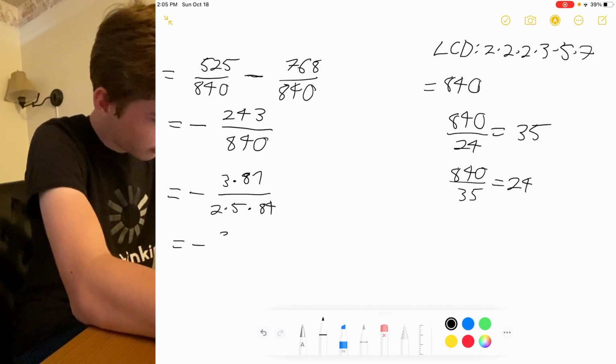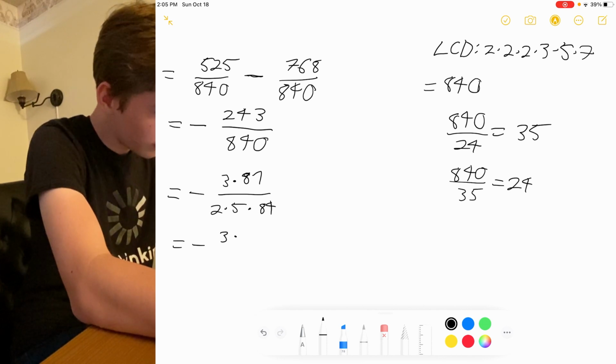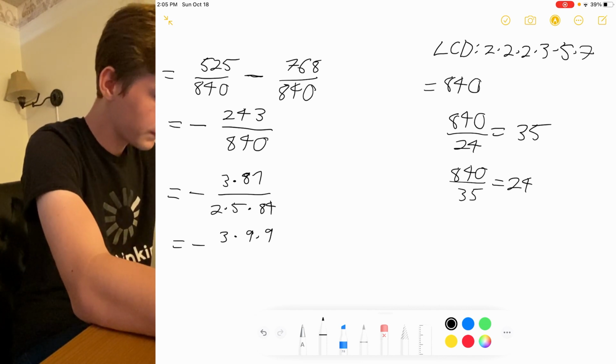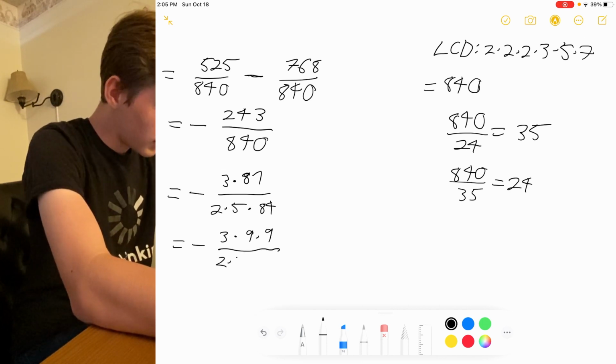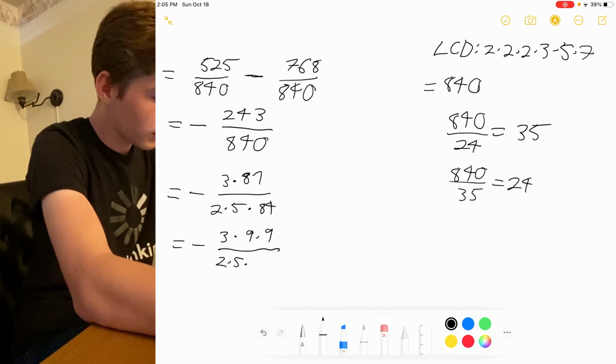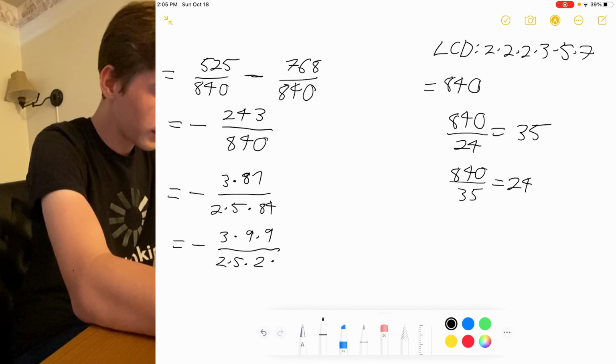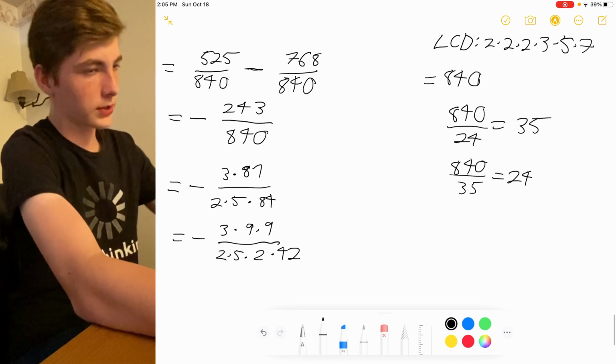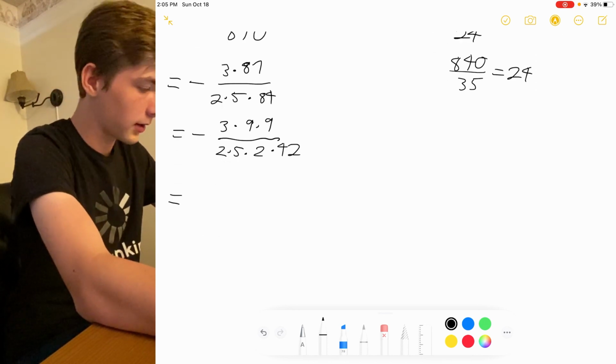Okay, let's keep on going. 3 times 81, well, 81 is 9 times 9, right? 2 times 5, okay, 84 is divisible by 2. So if we take a 2 out, another 2 out, that's going to be 2 times 42, which is also divisible by 2, so we'll get to that.